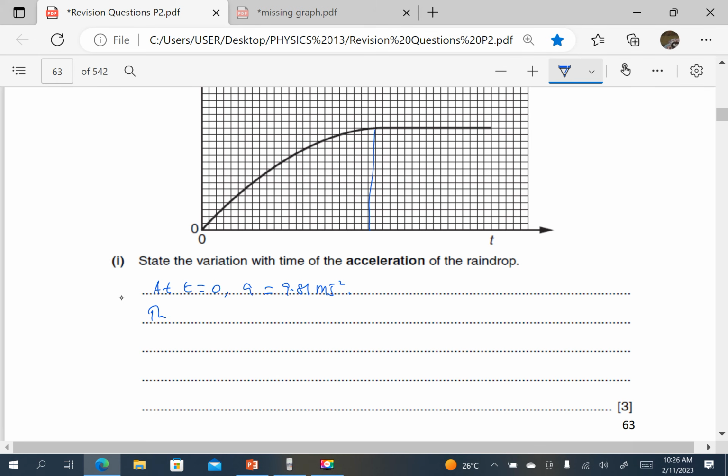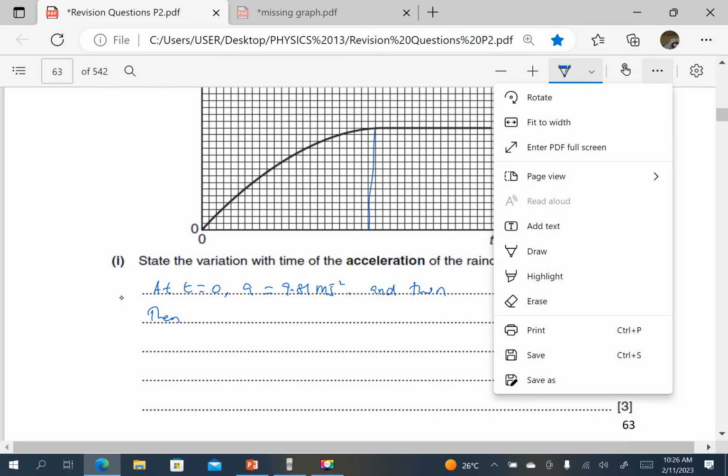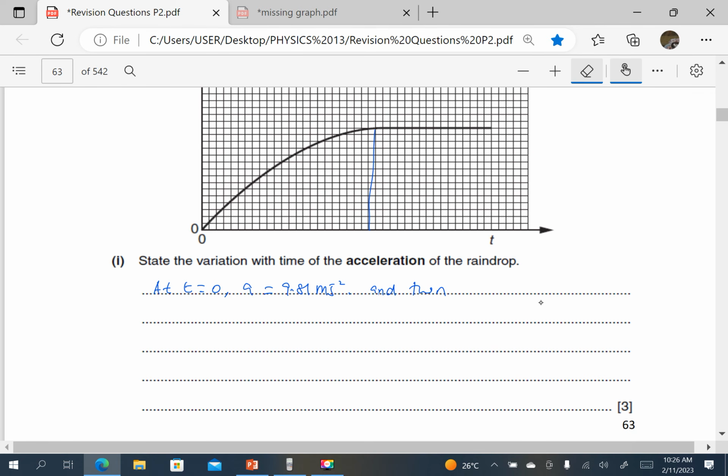Then acceleration decreases with the time since air resistance increases with the speed.